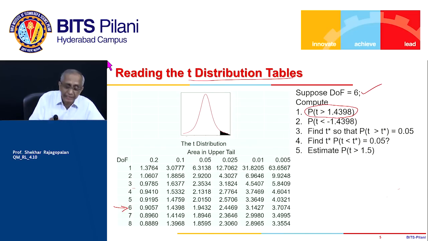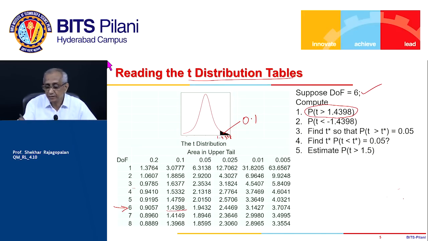So let me go down this t table, this 0.9, and here I can get 1.4398. And what this table means is that if this is 1.4398, then this area out here is equal to 0.1 or 10%. Therefore, I know that this is equal to 10% or 0.1.